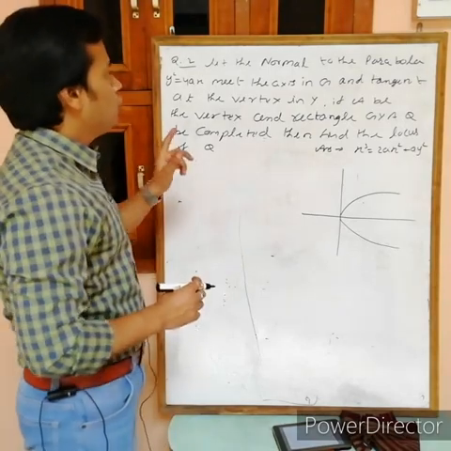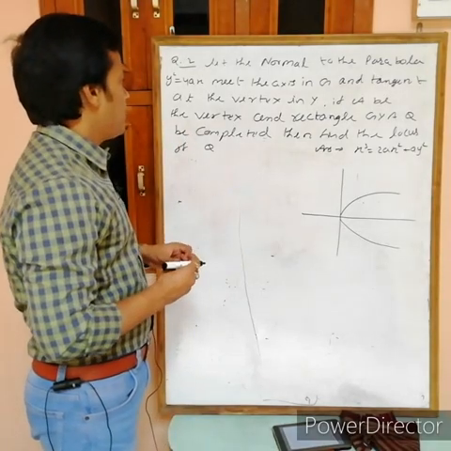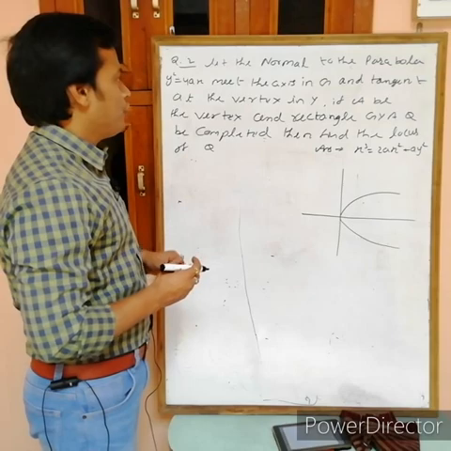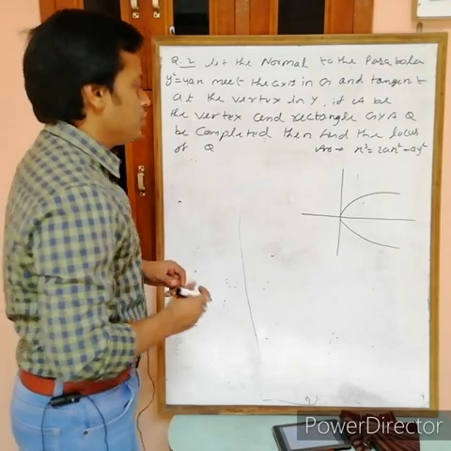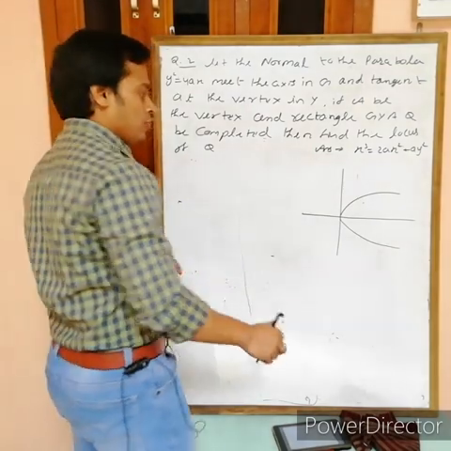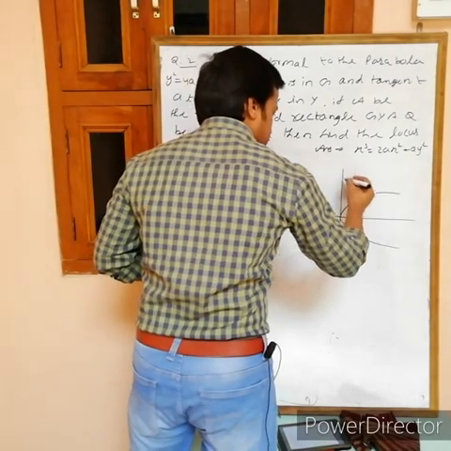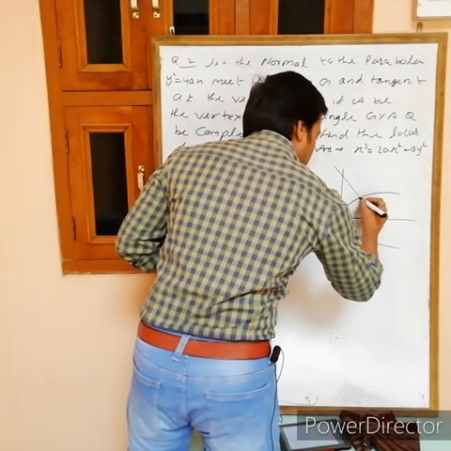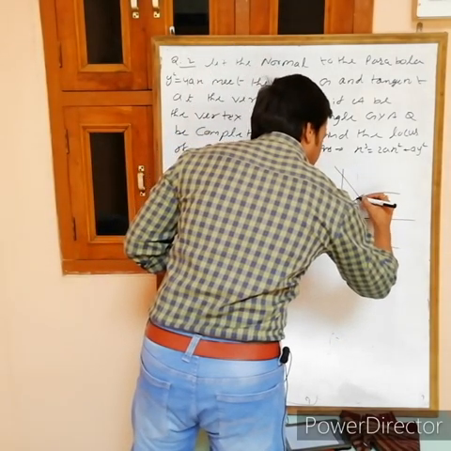It is given that the normal to the parabola y square equals 4ax meets the axis in G. So draw any normal to this parabola. Suppose this is the normal at this point.